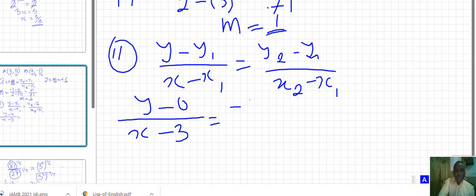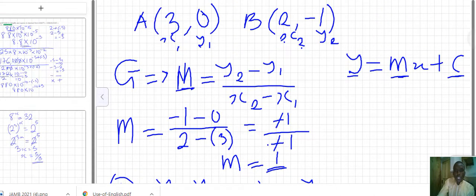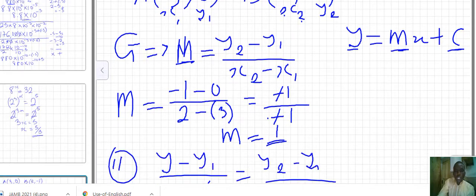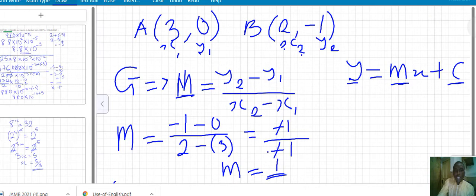We'll have minus 1 minus bracket y1, which is 0, that is minus 0, all over x2 minus x1. X2 is 2 and x1 is 3. So we are going to have 2 minus 3. That is the equation we are looking for.